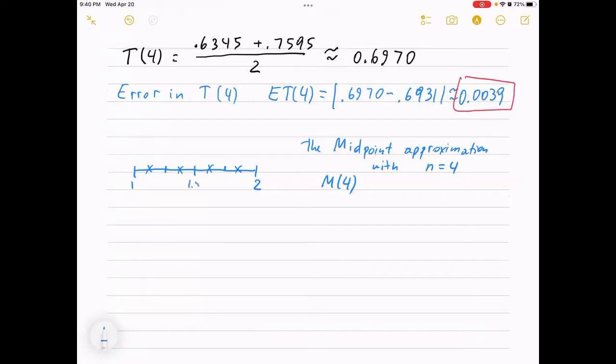We recall that we have our points 1, 1.25, 1.5, 1.75, and the points in between are going to be 1.125, 1.375, 1.625, and 1.875.